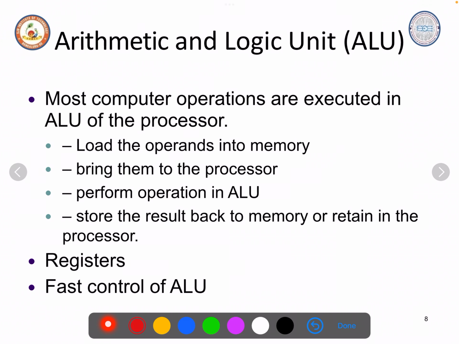Now coming to the arithmetic and logic unit, ALU as we call it. It is the heart of the processor. Most of the arithmetic and logic operations will be executed in the ALU. It loads the operands from the memory. Operands could be data.